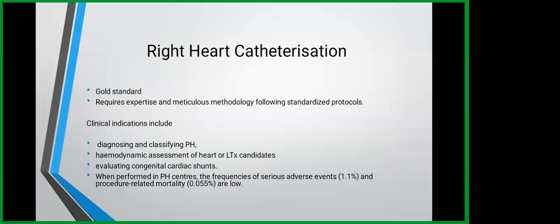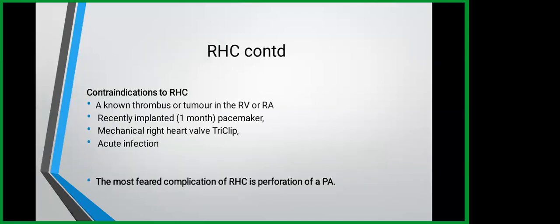You can also use it for hemodynamic assessment, for transplant candidates. It can also help you in patients with shunts, it can actually diagnose shunts. It's relatively safe in centers with high frequency. The frequency of adverse effects is low, and the frequency of procedure-related mortalities is also low.